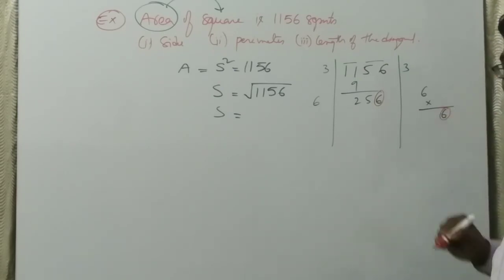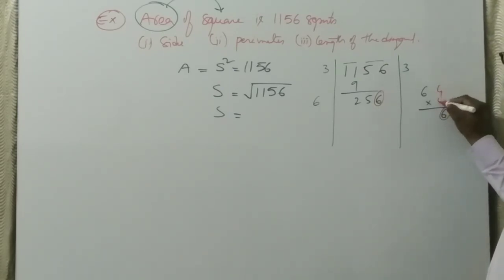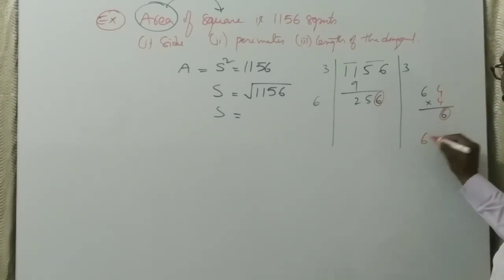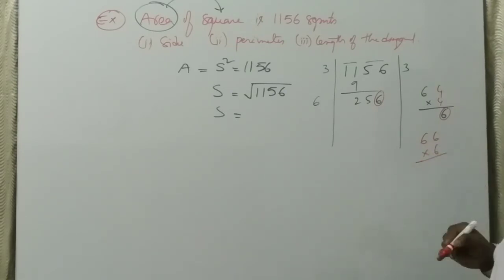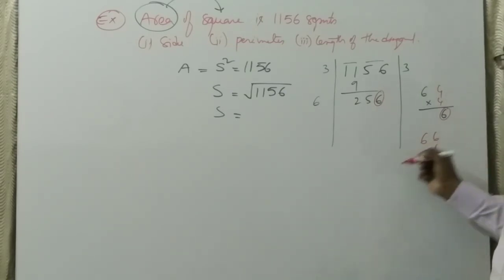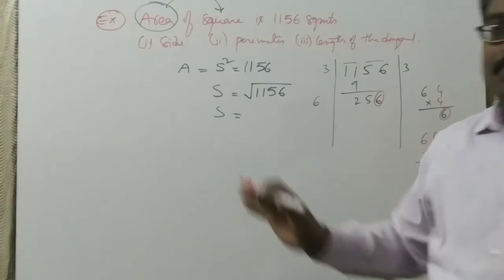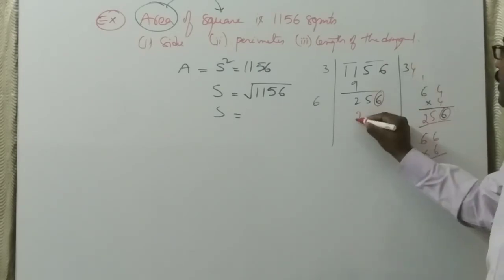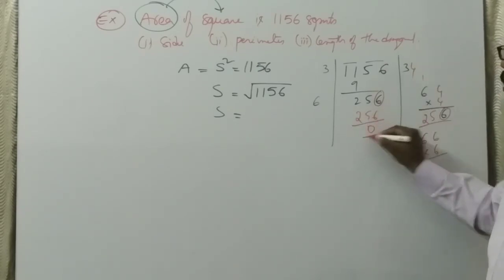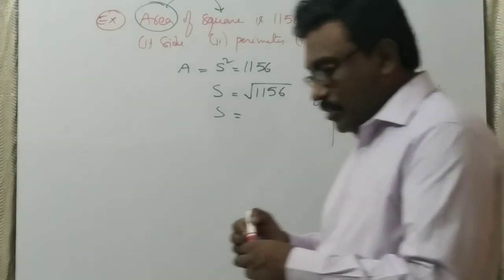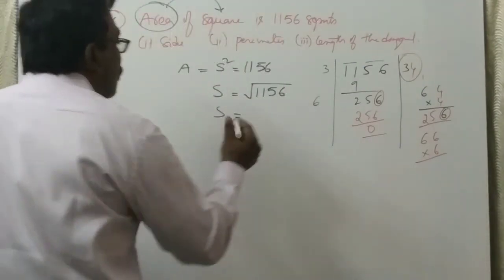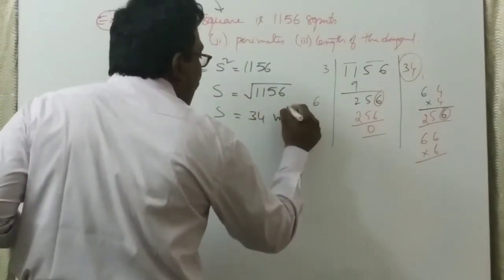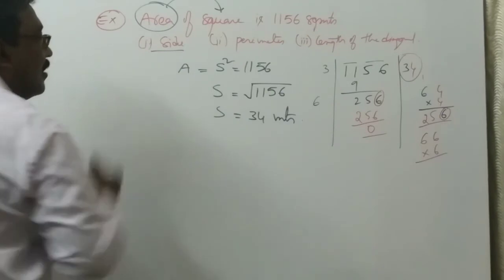You will get 6 if you multiply with 4 or with 6. Other than these two numbers, you won't get 6. Now 4 4s are 16, 4 6s are 24 plus 1, 25. Yes, I got it. So the root value is 34. So the first question is solved. What is its side? 34.